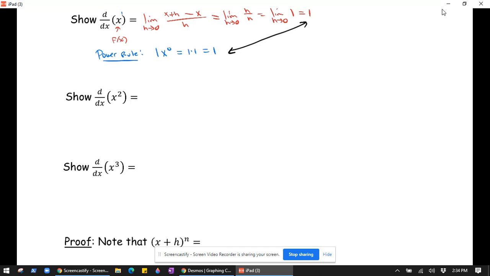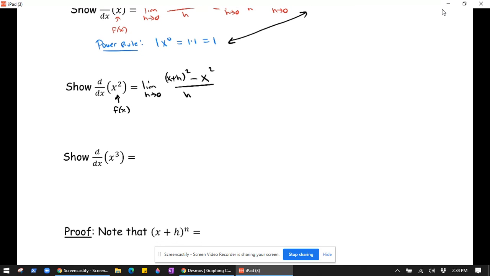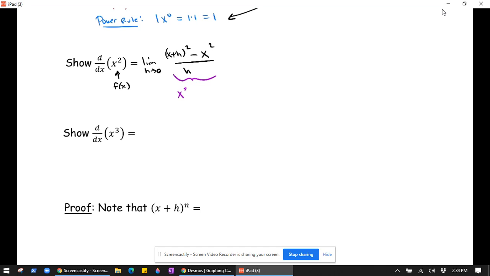Let's do one more. Let's think of this as f of x equals x squared. So therefore, the derivative by the definition would look like this. So f of x plus h would be x plus h squared minus f of x, which is x squared, divided by h. Let's deal with the difference quotient first. So the difference quotient will reduce to x squared plus 2xh plus h squared minus x squared, divided by h.